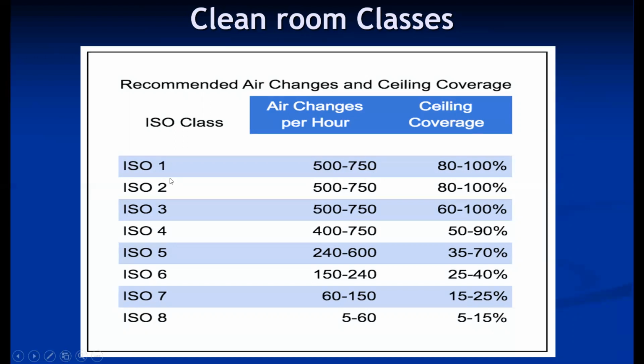As the ISO number increases, it permits a lesser quantity of fresh air. Generally the clean room classes are from ISO 3, so 500 to 750, and the coverage of the ceiling is also given.